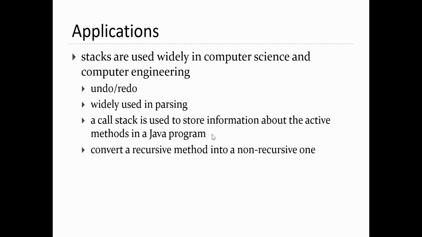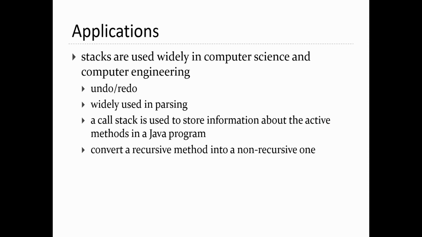Whenever you call a method in a Java or C program, actually most programming languages, information about that method gets pushed onto what's called a call stack. The call stack stores information about the active methods in a Java program. So if I call my main method, something that resembles a main method gets pushed onto the call stack.